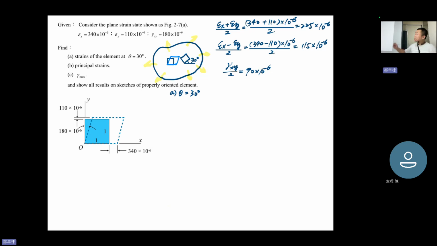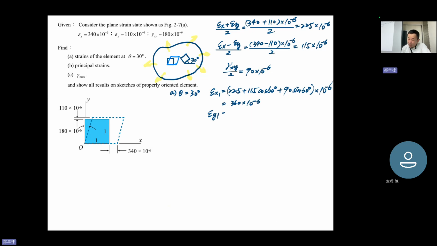Okay, so theta equal to 30. Epsilon x1 equal to 225 plus 115 cosine 60 degrees plus 90 sine 60 degrees, times 10 to the minus 6. Equal to 360 times 10 to the minus 6.